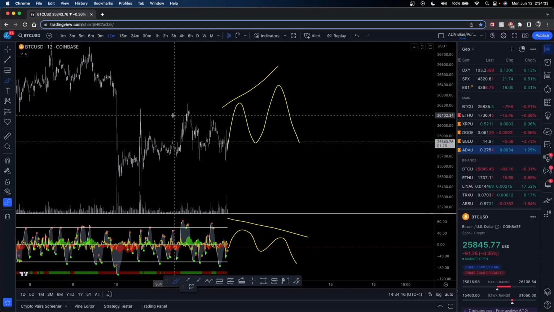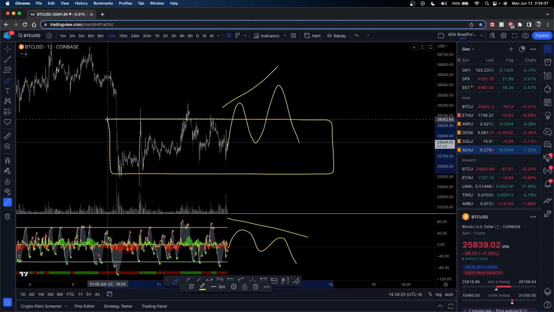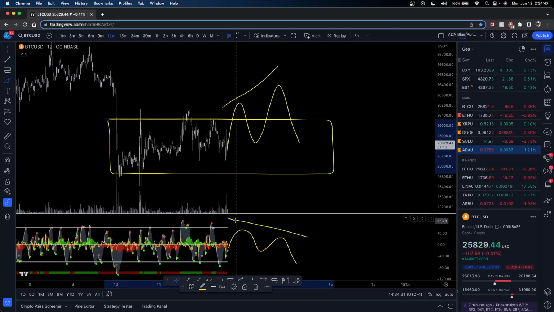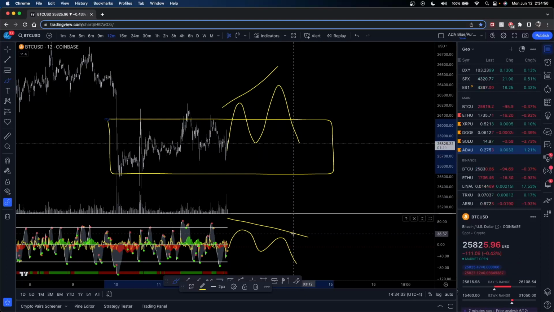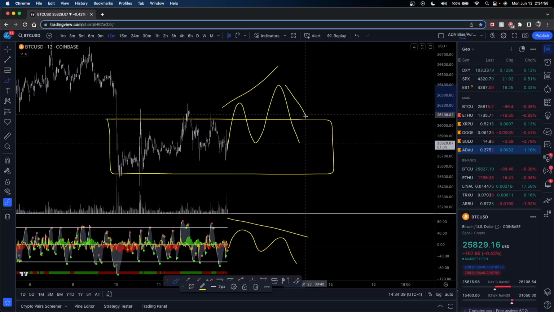So let's just say this is our range, for example, and it's not strictly based on ranges, but this is just for example's sake, right? So if everything within this little rectangle is considered a fair price, once price starts to come above it and your momentum is getting lower, we are considered overbought at this point, and price is likely to correct.